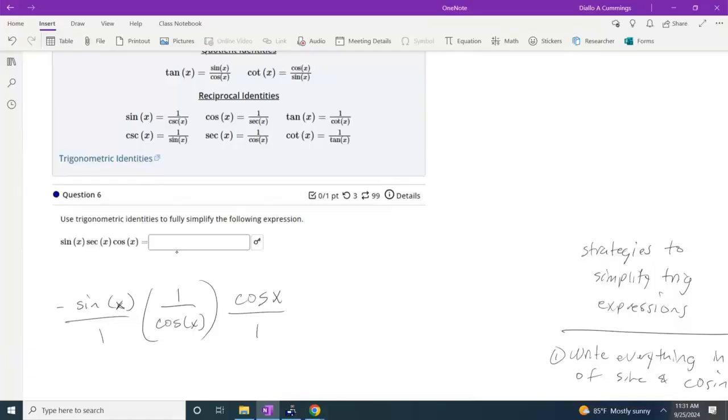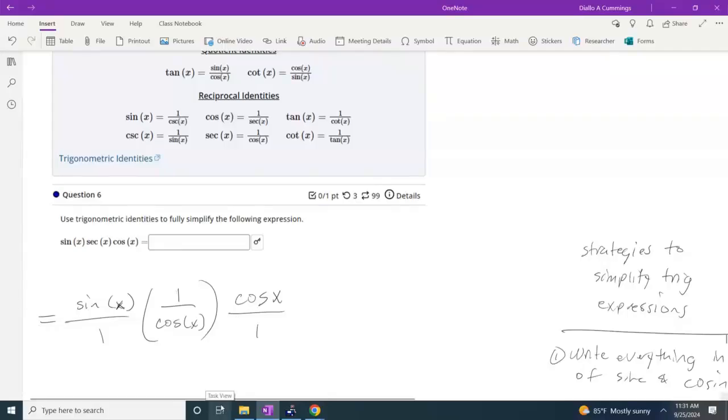If I write out my trig expressions as fractions, this is going to allow me to cross cancel. So remember, when you're multiplying fractions, we can cross cancel, right? Reduce, cancel any factors, and then we can multiply straight across.